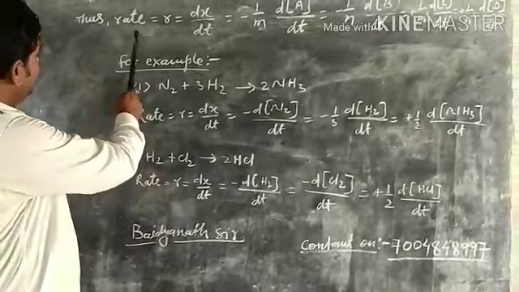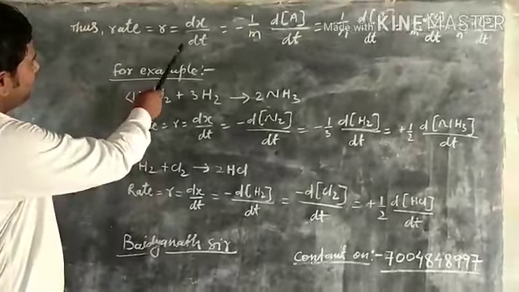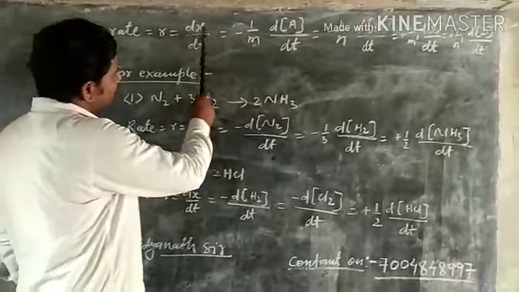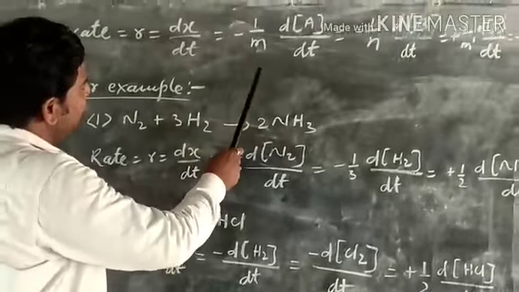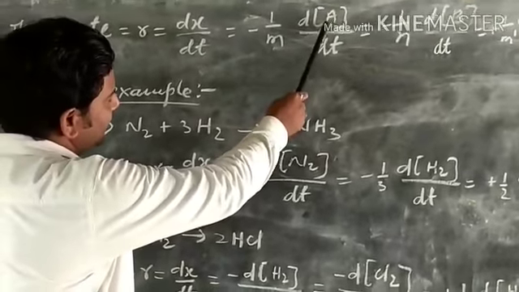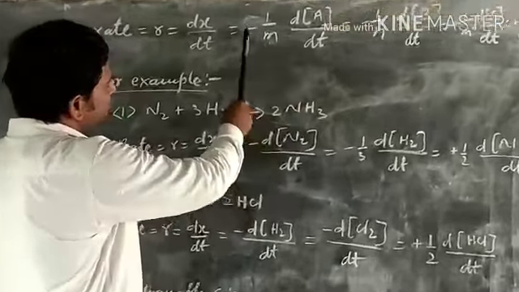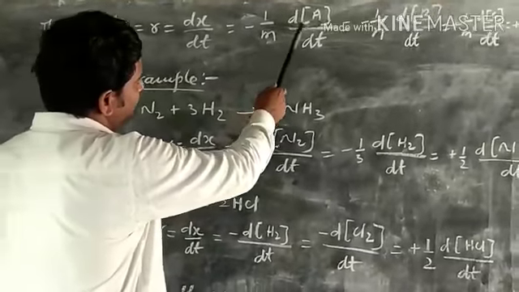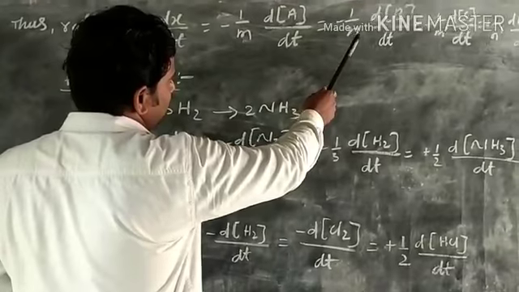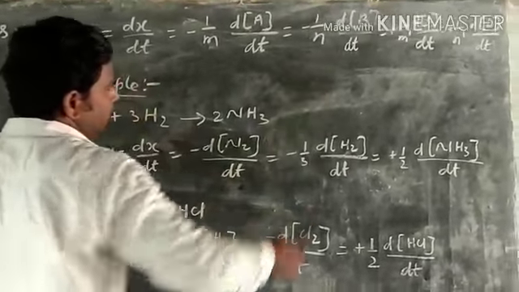Thus, rate r equals dx by dt equals, here the number of moles is written in the denominator, and A is reactant, so minus 1 by m d[A] by dt equals minus 1 by n d[B] by dt.